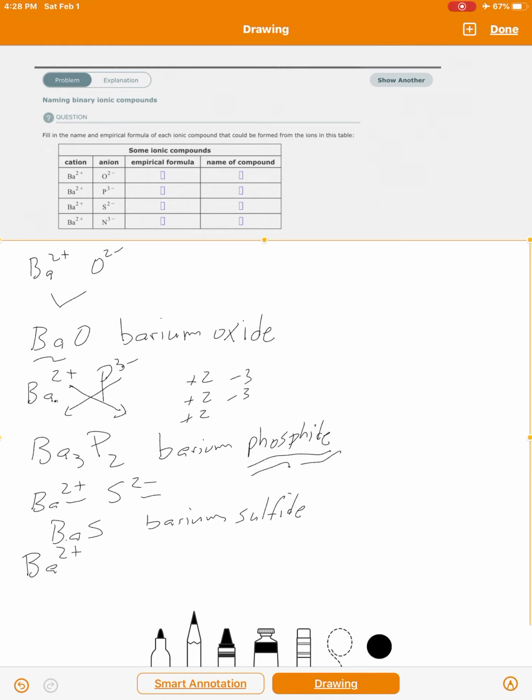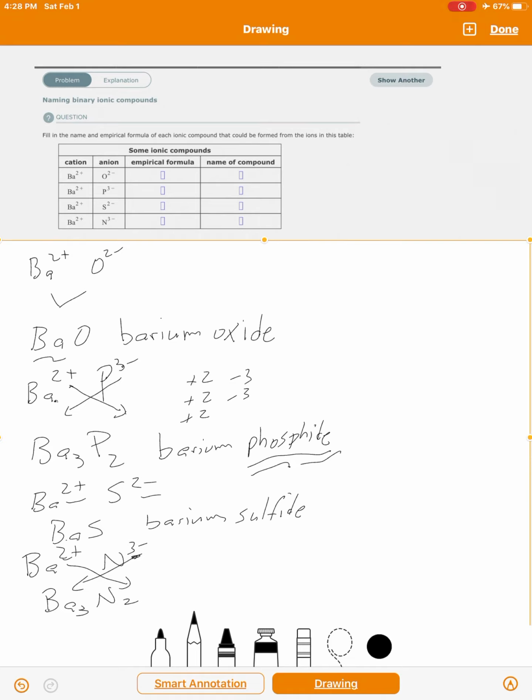Last one, barium with nitrogen. Barium 2 plus. Remember, nitrogen is in the column 5A. So when you have 2 and 3, you could just do the little switching trick. So you get Ba3, so there's your 3, and then N2.